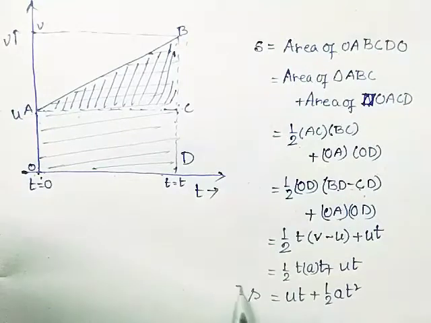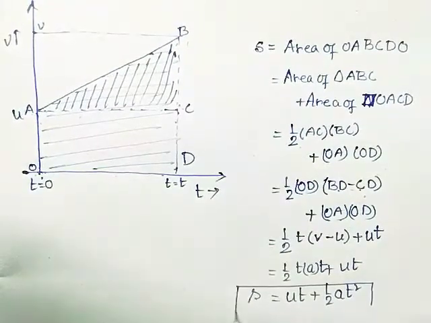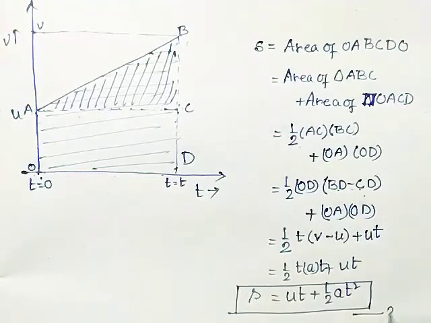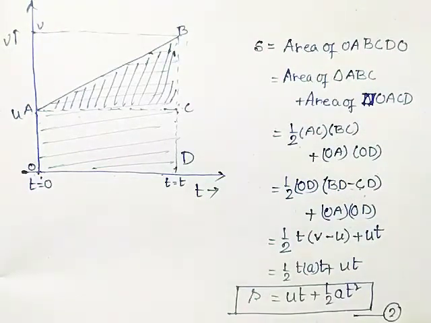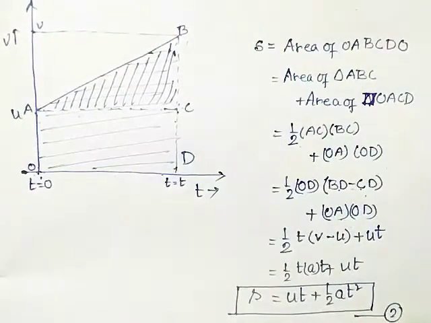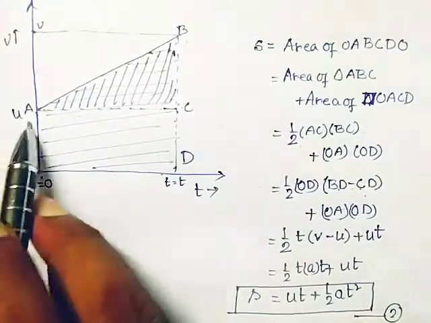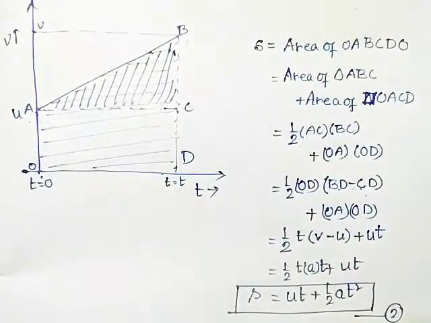So by calculating the area of the velocity versus time graph separately, as a composite of a triangle and rectangle, we get the second equation of motion. But if I consider this as a whole, then it is the shape of a trapezium.